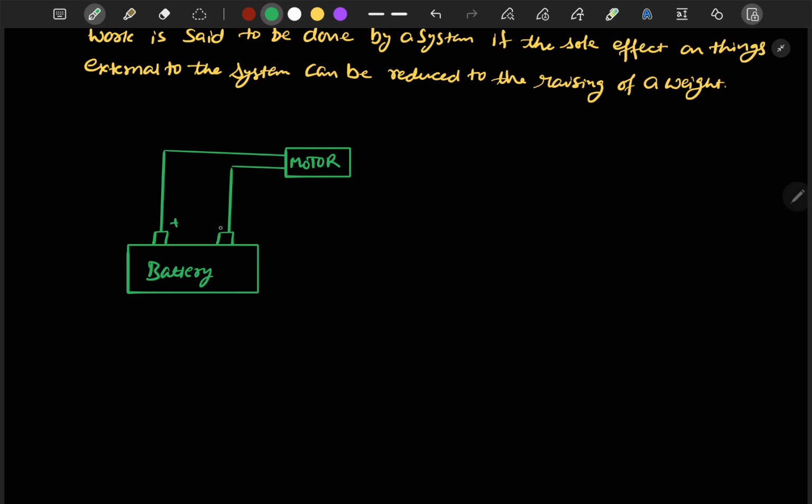This is the cathode, this is the anode. And this motor is driving a fan. Okay, so let's say this is a fan. So consider this to be our system.